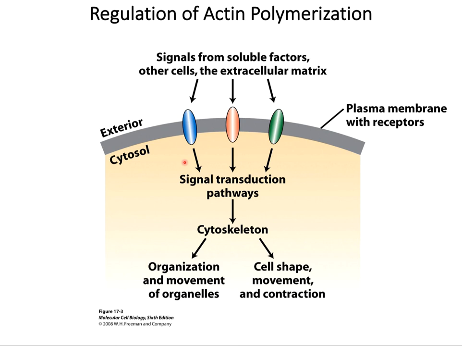Often more than one receptor conveys these signals, and depending on which receptors are communicating, you might get changes in the cell shape or changes in the movement of the cell or even contraction of the cell as we just saw in those platelets. Or you might even get reorganization of filaments that might affect the position of organelles or cause organelles to move in the cell that regulate the movement of vesicles.